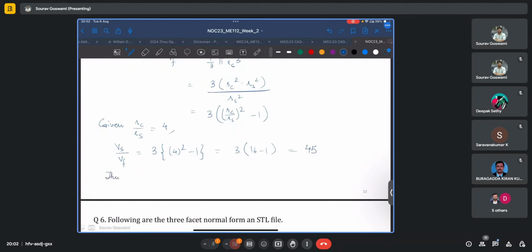Thus, the volume of stale support is 45 times the volume of the fresh support. Based on different values of the ratio of RC and RS, you'll end up with different ratios here.